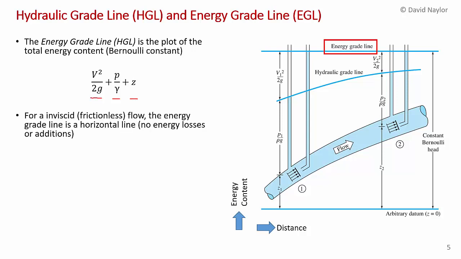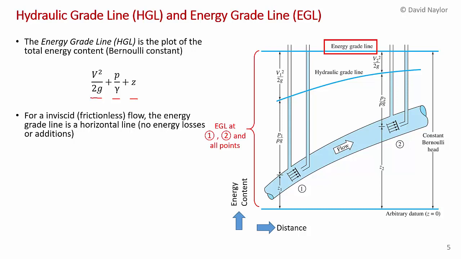For an inviscid flow, or a frictionless flow, like we would assume when we're applying Bernoulli's equation, the energy content on a streamline is constant, and so the energy grade line is a horizontal line. We have no energy losses due to friction, due to viscosity, and we have no energy additions, for example, due to a pump in the system.